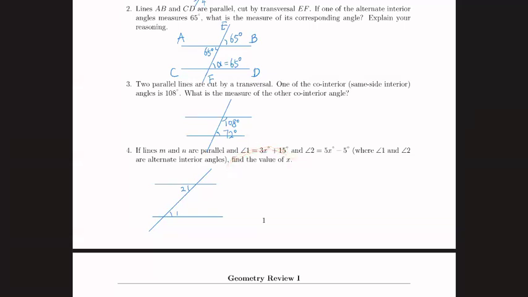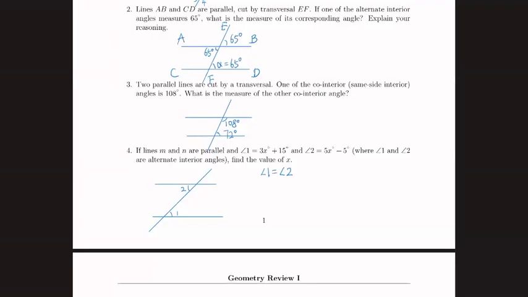So that means angle 1 on the other side. So you would subtract 15. Okay, step by step. So first, the two angles are the same, right? Yeah. Okay, so we have an equation.